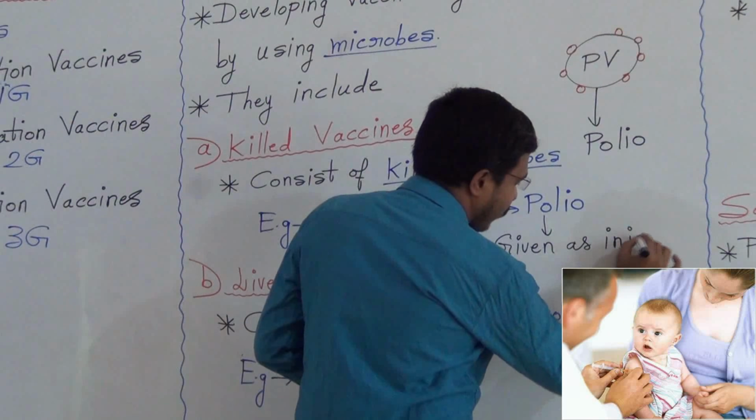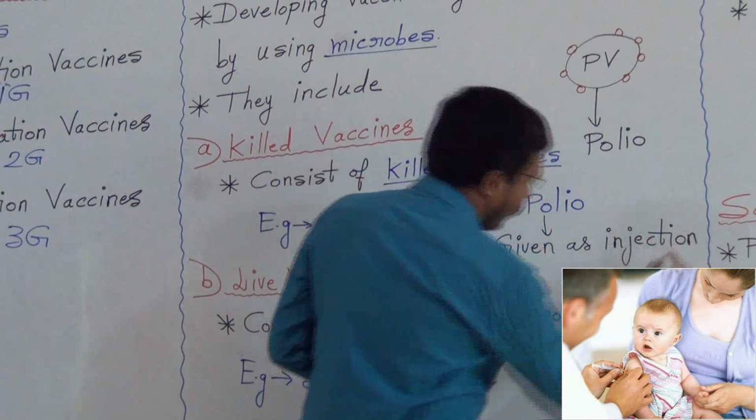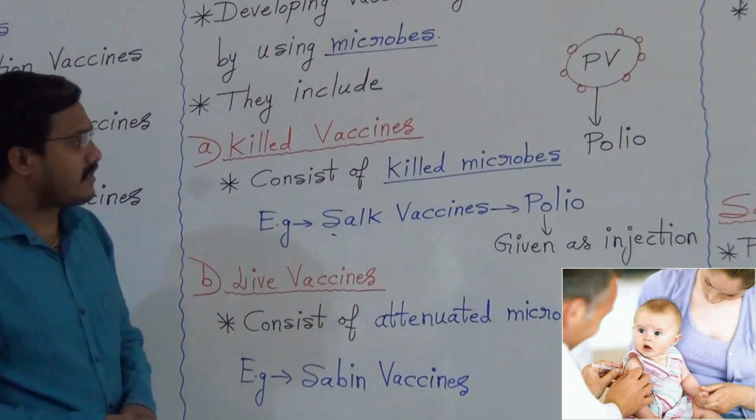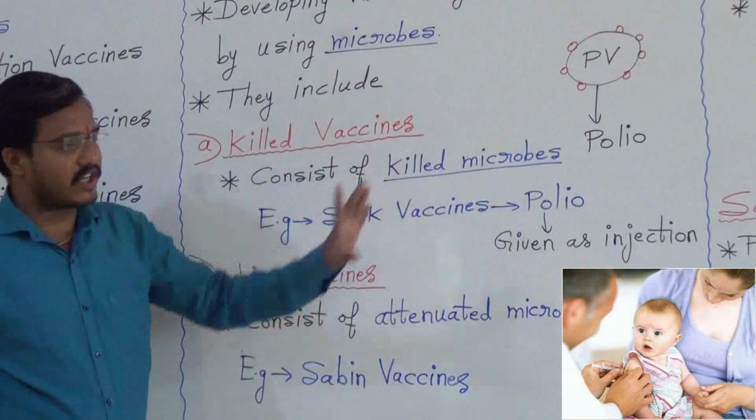This is what I told in the previous video. Actually, there are two vaccines for polio. The first vaccine was the Salk vaccine, and that was given as an injection.